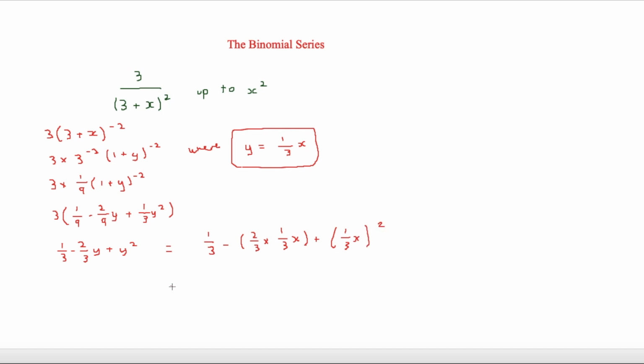So therefore our final answer is going to be equal to 1/3 minus 2/9 x, and then plus 1/9 x squared. And we've got that answer from just rearranging things and making sure it's in the range. Obviously this would have more terms, but we only need to go up to x squared in the question.